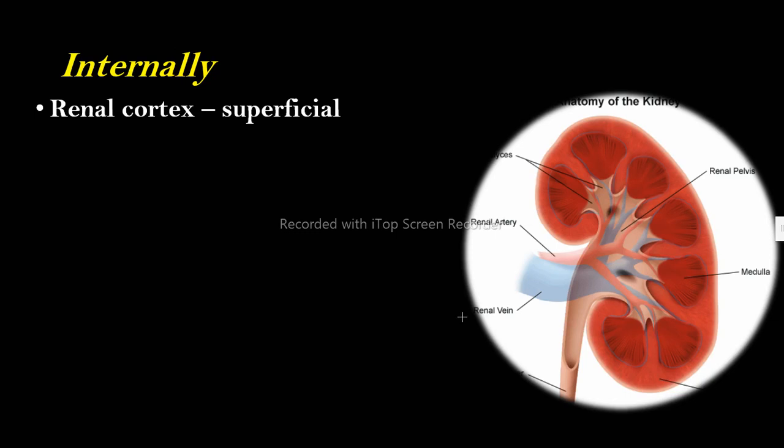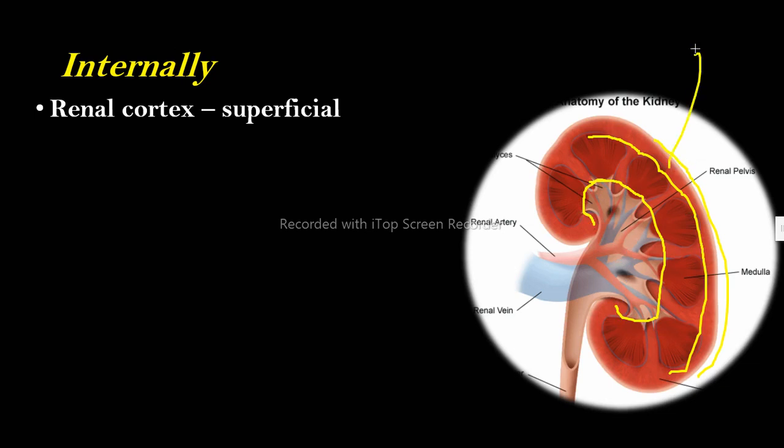So you have the cortex, the outer cortex layer. Then you have the medulla layer. And finally, you have the renal pelvis.